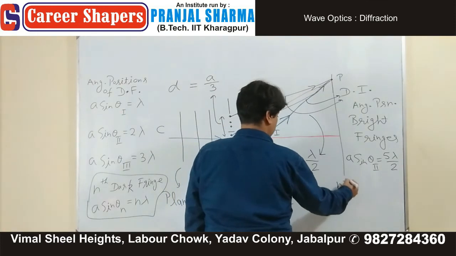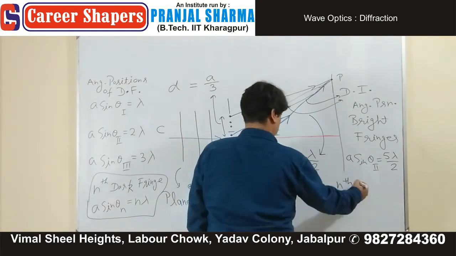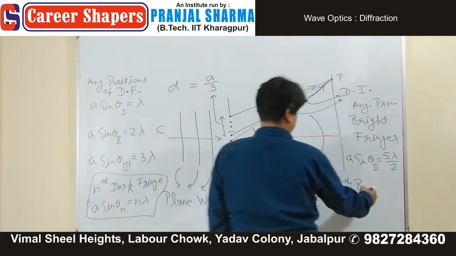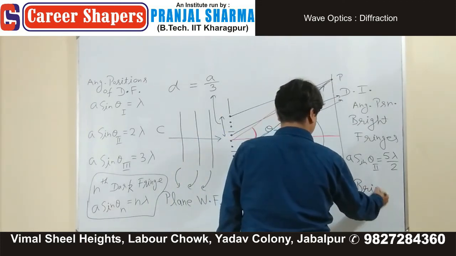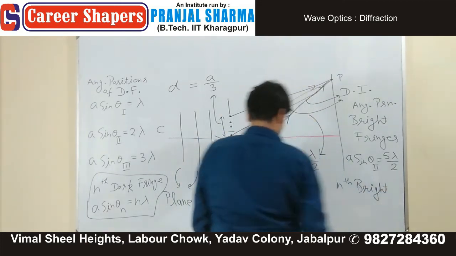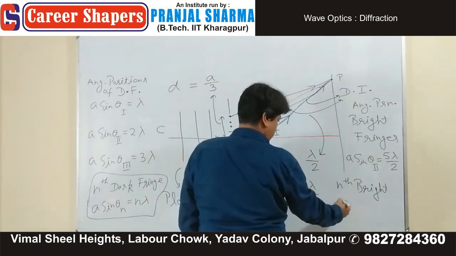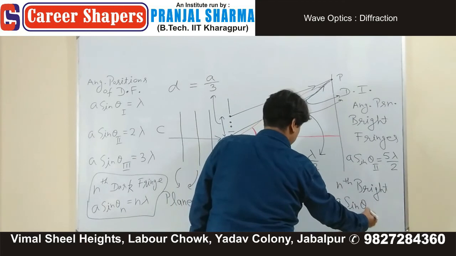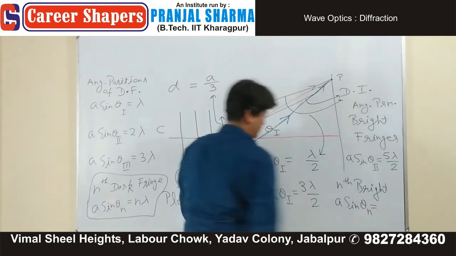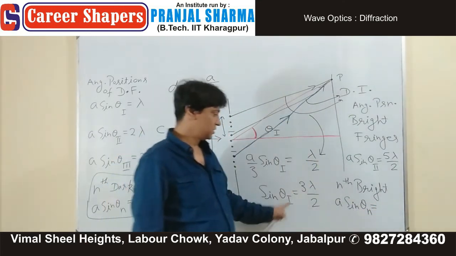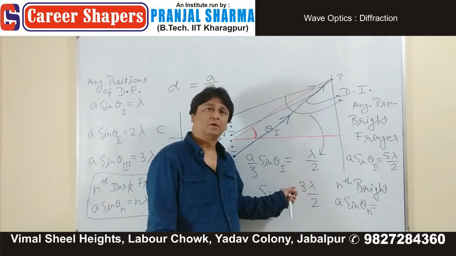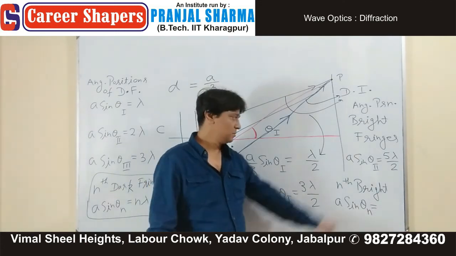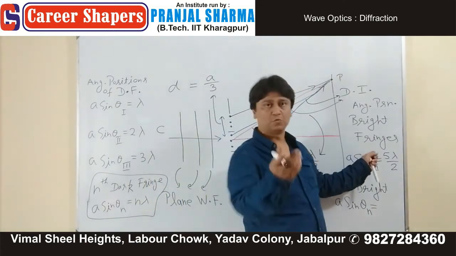For the nth bright fringe, A sine theta n. When this is 1, this is 3. What is that? 2n plus 1. And when this is 2, this is 5. 2n plus 1.